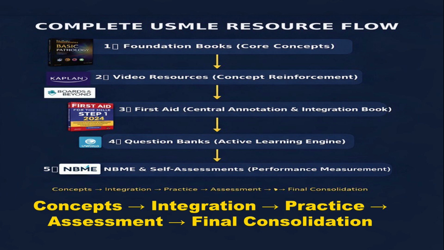Then come question banks, like UWorld and AMBOSS, which provide active learning through practice questions. Finally, NBME and self-assessments help you measure your performance and track exam readiness. This flow moves from concepts to integration, practice, assessment, and final consolidation, ensuring a structured USMLE preparation.